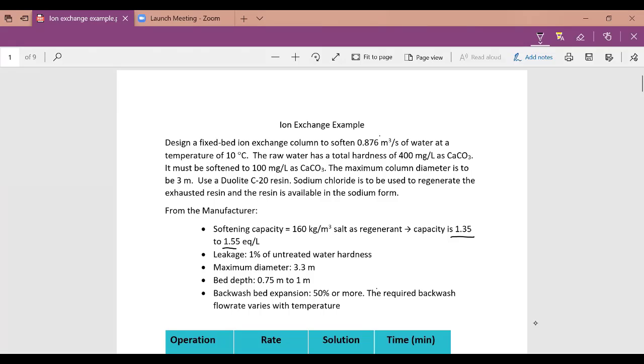The maximum diameter should be 3. The bed depth can be between 0.75 to 1 meter. And the backwashing expansion should be 50% or more, and the backwashing flow rate will vary with temperature.